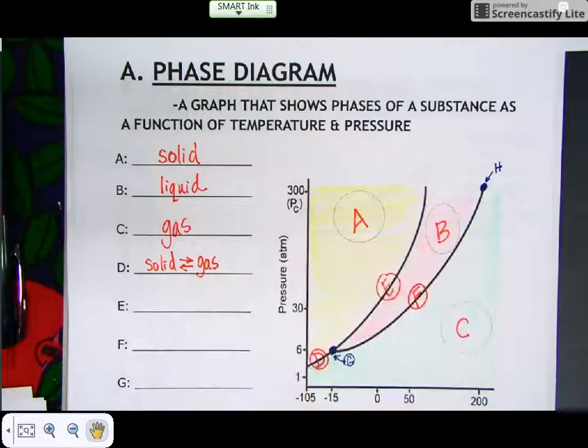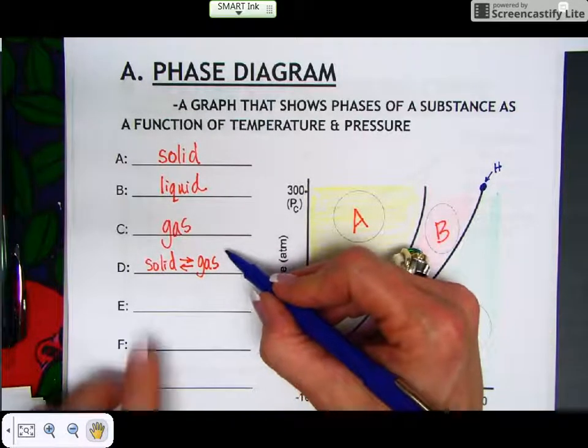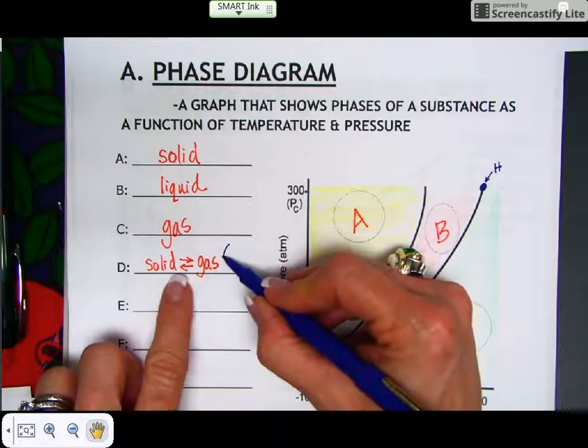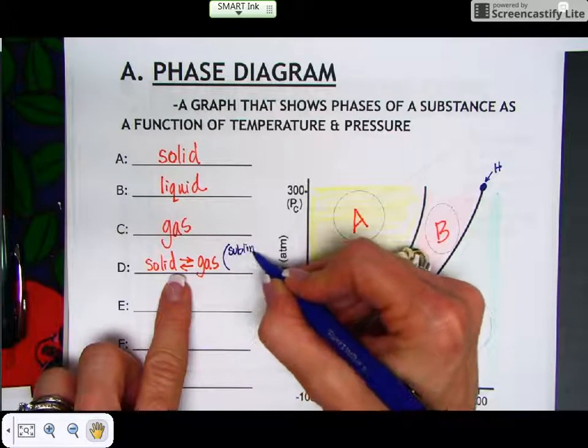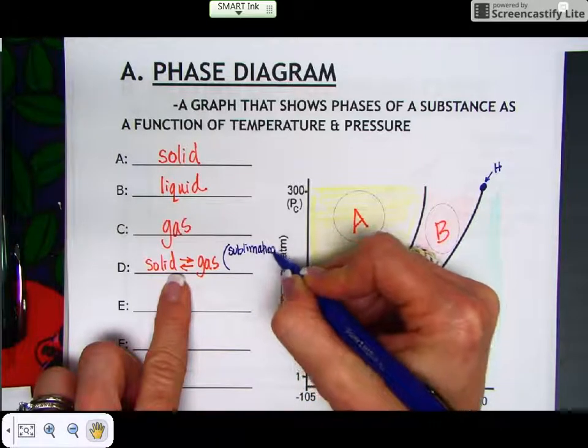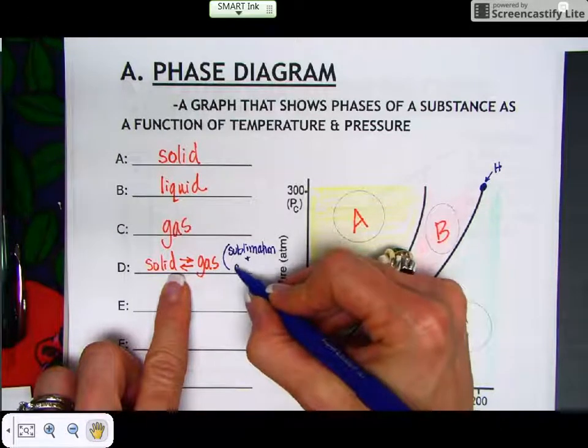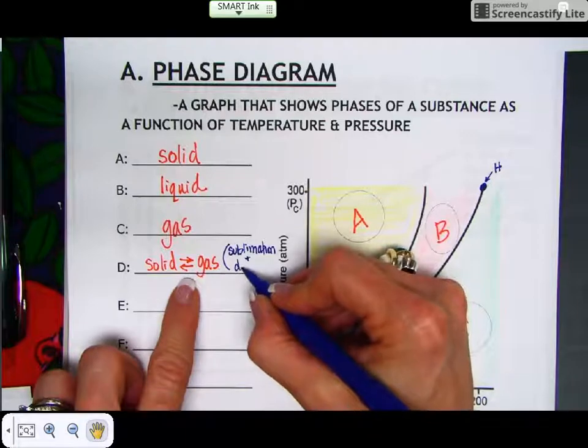And remember, we learned in class that those phase changes that occur, solid to gas, are called sublimation, and if you're going gas to solid, deposition.